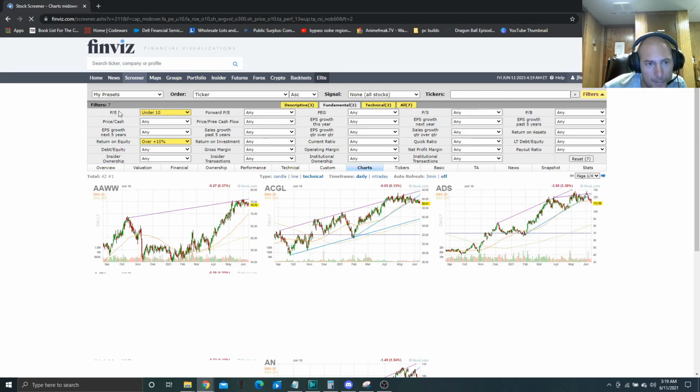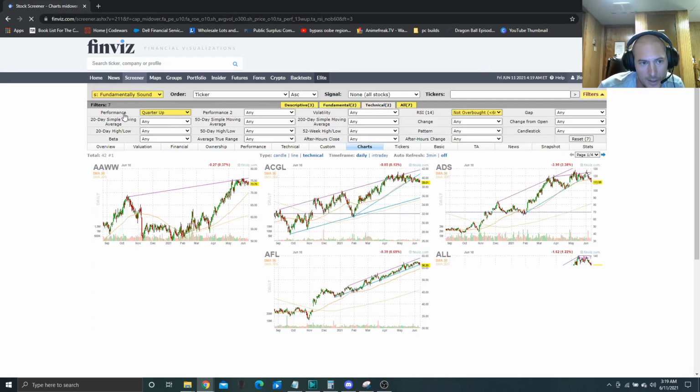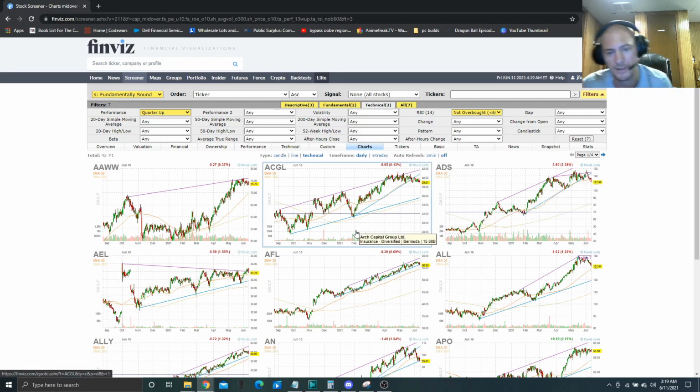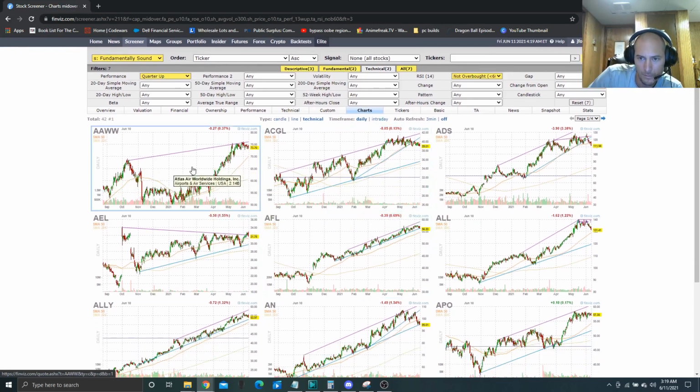I'm looking at price to earnings of under 10, a return on equity of over 10%. So, you know, nice company growth. And then for the technical tab, I'm just looking for this quarter for price to be up and for price to not be overbought. So you'll find fundamentally strong companies with this that are not in an overbought state.